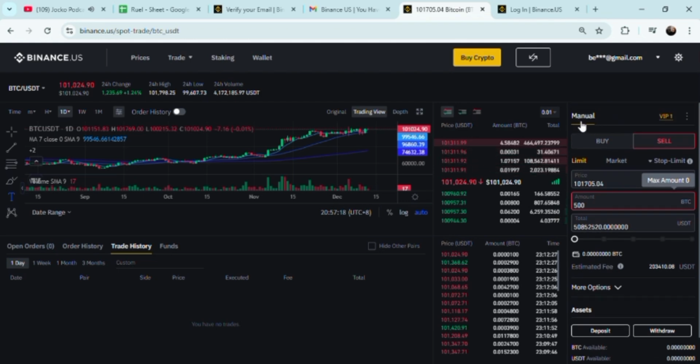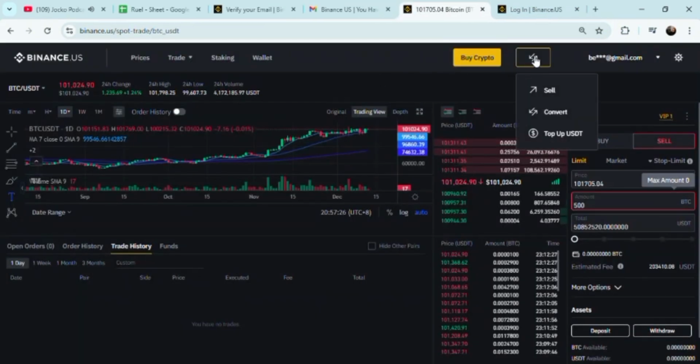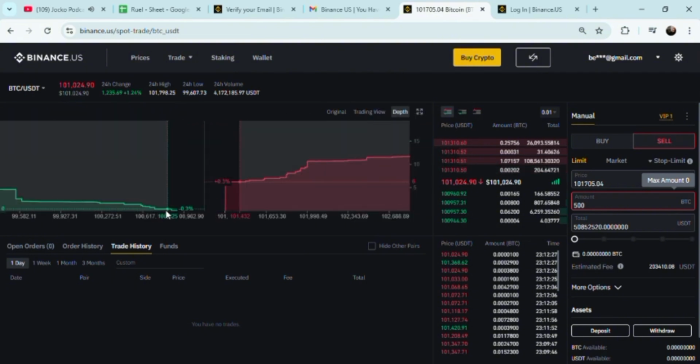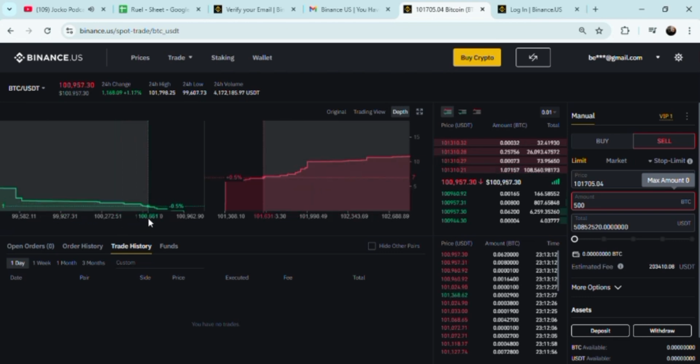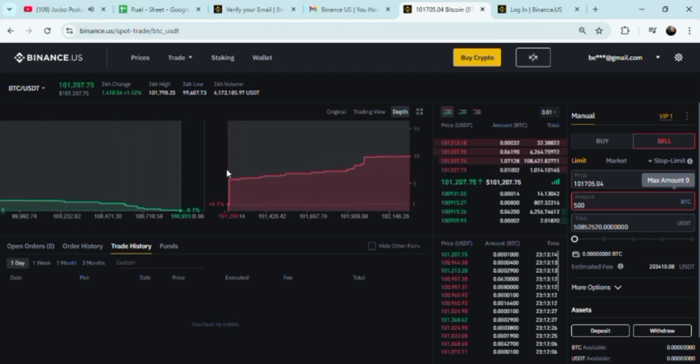And stop-loss orders, very important: set a stop-loss order to automatically sell an asset if its price drops below a certain point. This helps protect your funds from sudden mistakes and market crashes. So it's really important to do the math here.